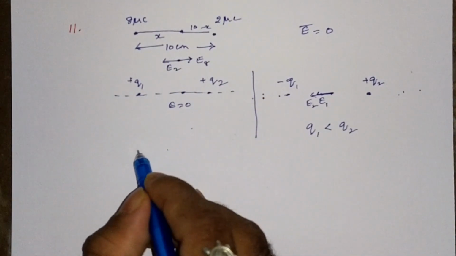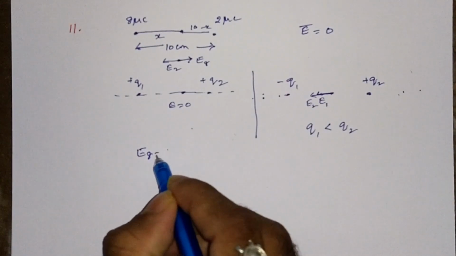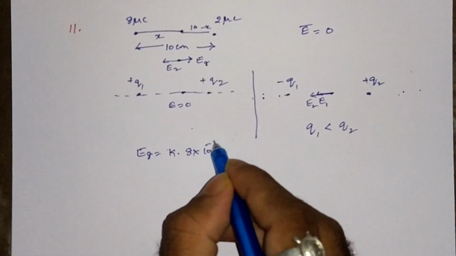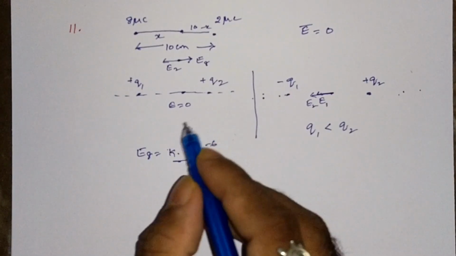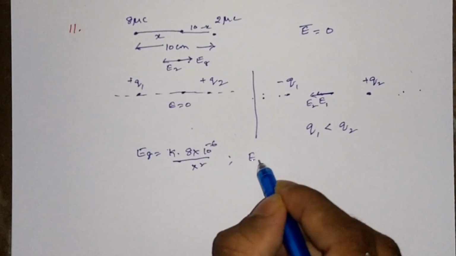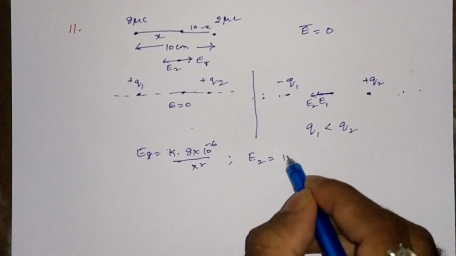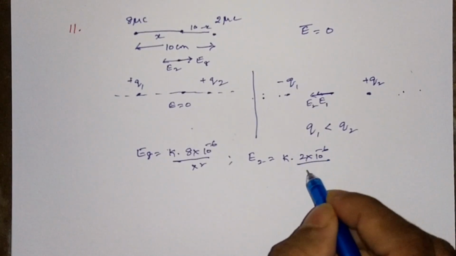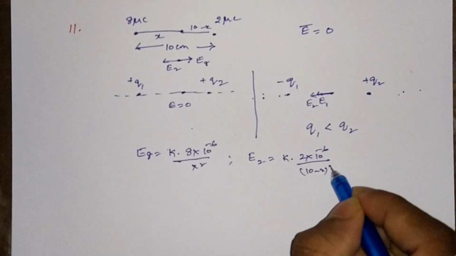Now let us see, due to 8, E8 is how much? K into 8 into 10 power minus 6 by x square. Next, E2 is how much? K into 2 into 10 power minus 6 by 10 minus x whole square.